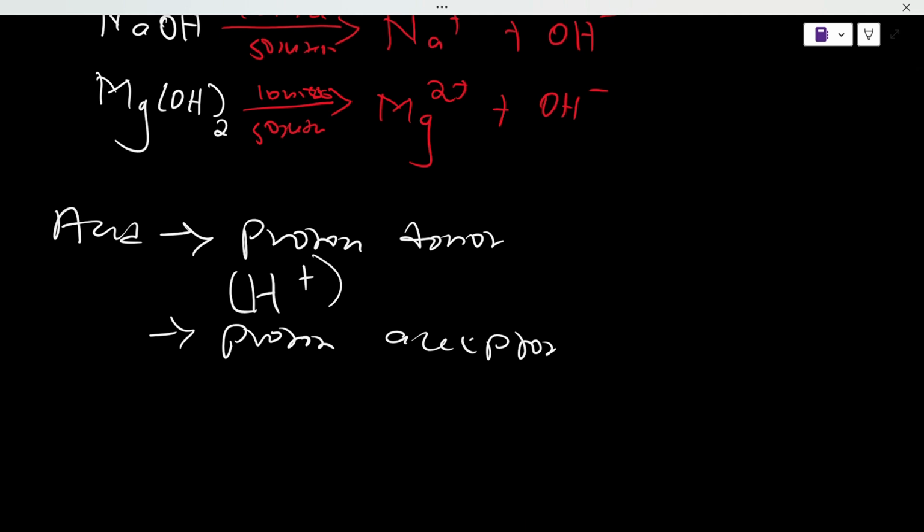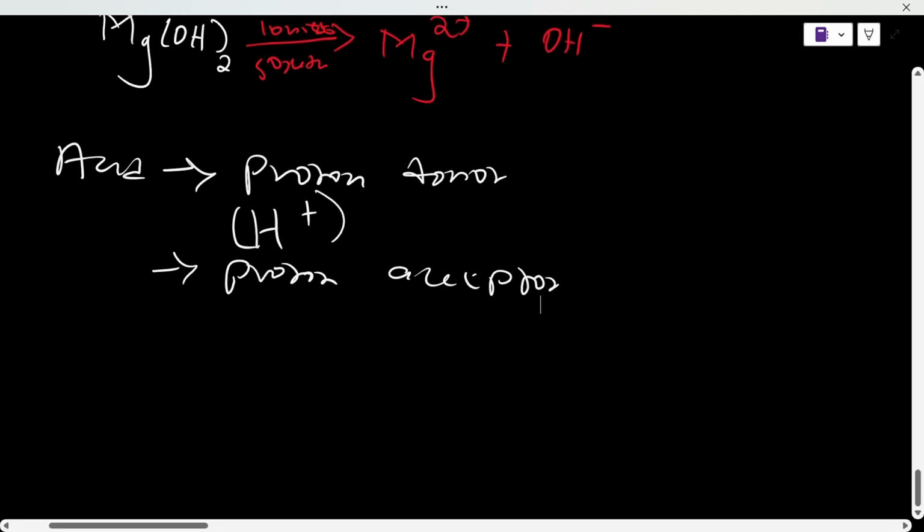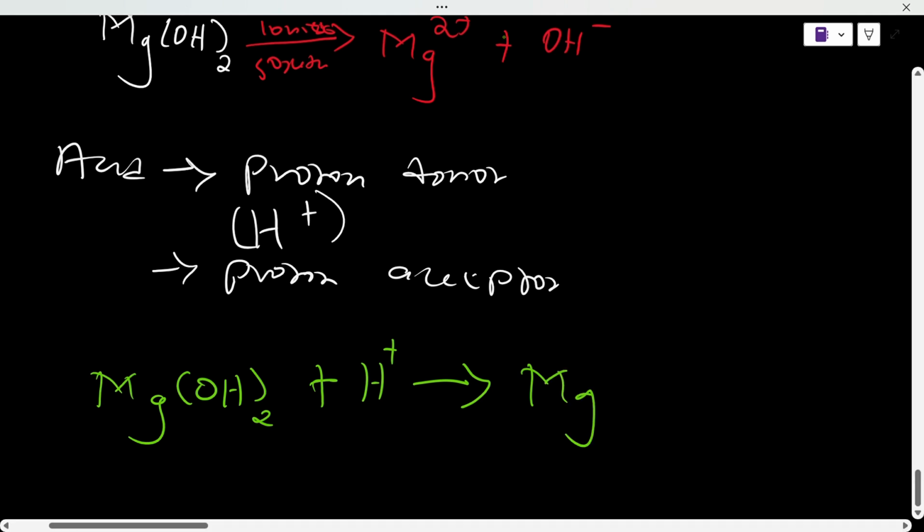Meaning, if you come back to this reaction, if I'm having Mg(OH)2, for example, then I introduce the hydrogen to it, which is the proton, I'm supposed to have Mg positive 2 plus H2O.